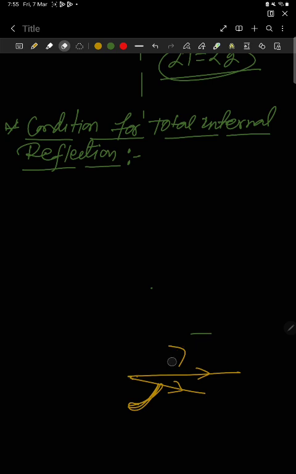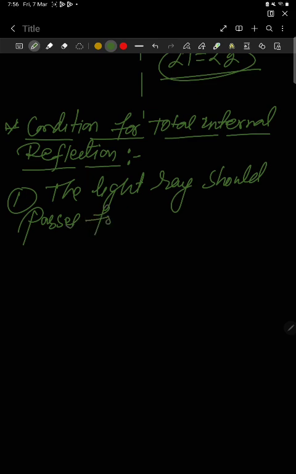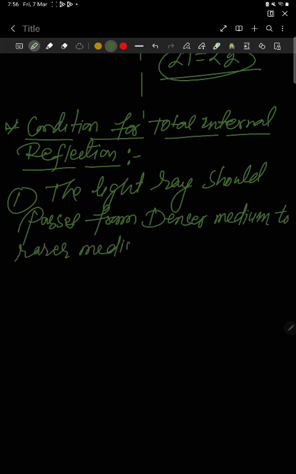So there is two conditions for total internal reflection. So first one is what? The light ray should pass from denser medium to rarer medium, and second case is what?